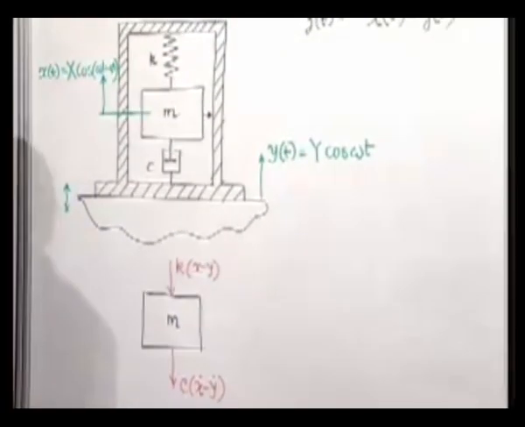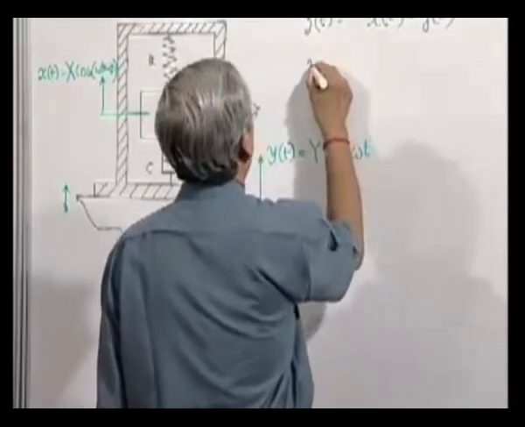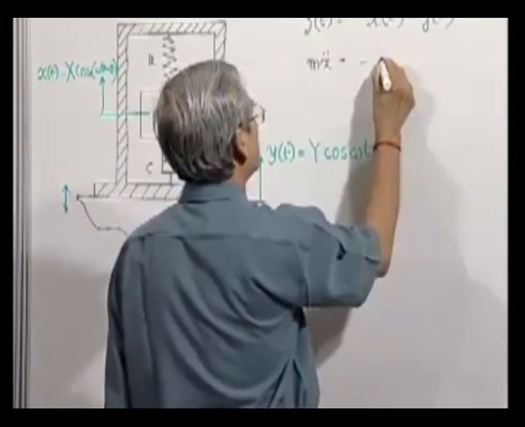So, the equation of motion for this system will be m x double dot is equal to minus the spring and damper forces.